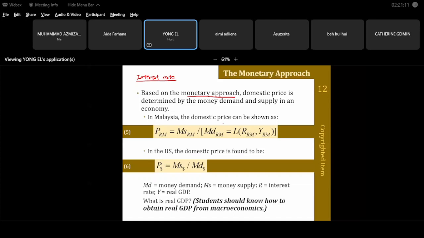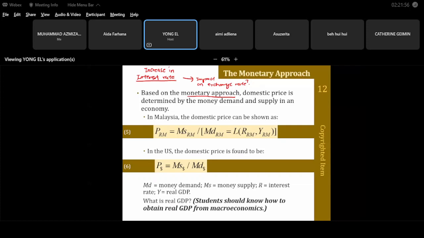When the central bank of a country makes a policy to increase or reduce the interest rate, we want to know how this policy can affect the exchange rate. Isn't it interesting? This is a very sophisticated question. If the policy requires an increase in interest rate, we want to know the impact on the exchange rate.